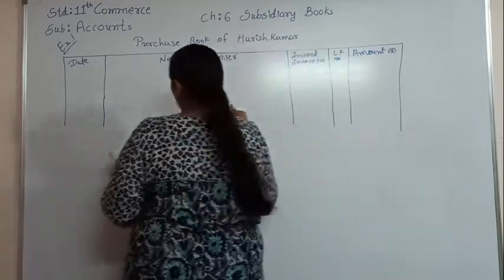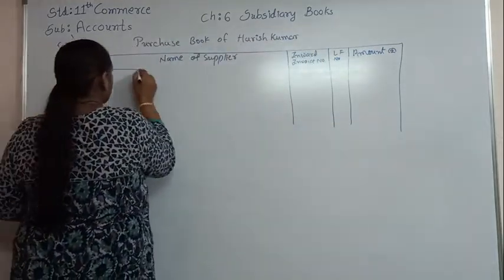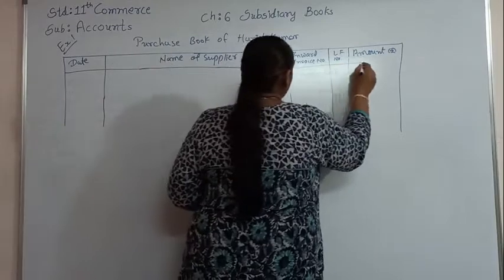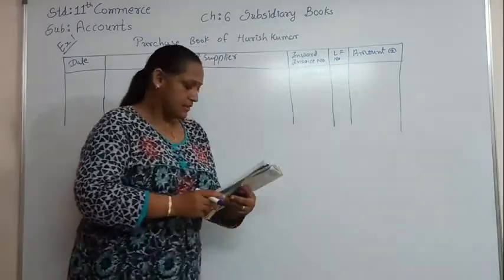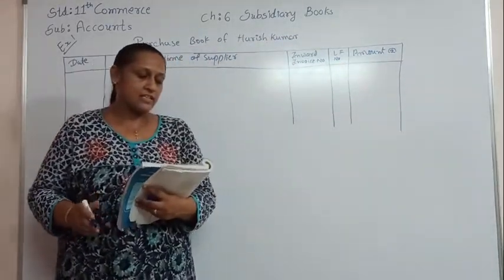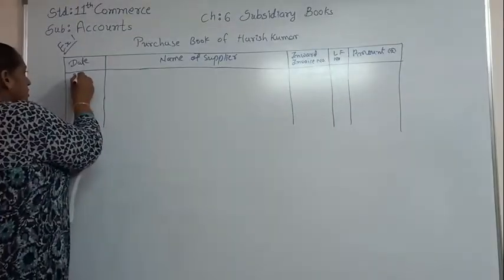So these are the columns. Now let's start the sum. The first transaction is on 2015 March 1st.